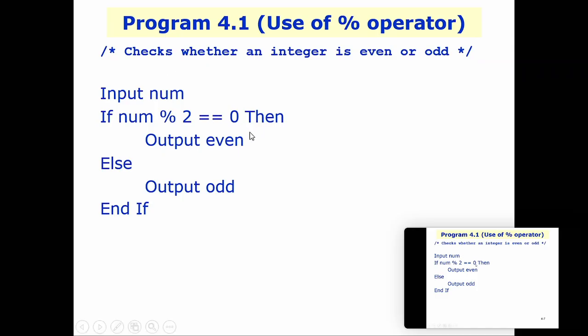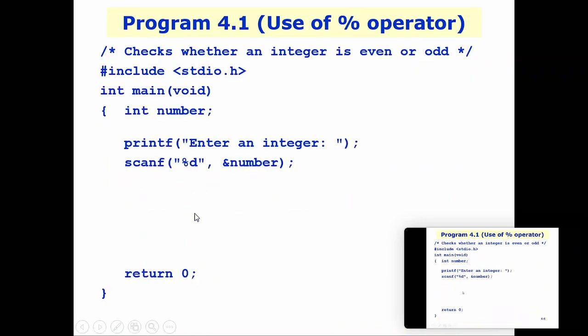So the remainder is 0. Then you can say this is an even number. Otherwise, else, another possible result is num % 2 is 1, right? Then it is an odd number. So let me show you how to demonstrate this pseudocode in the C program.